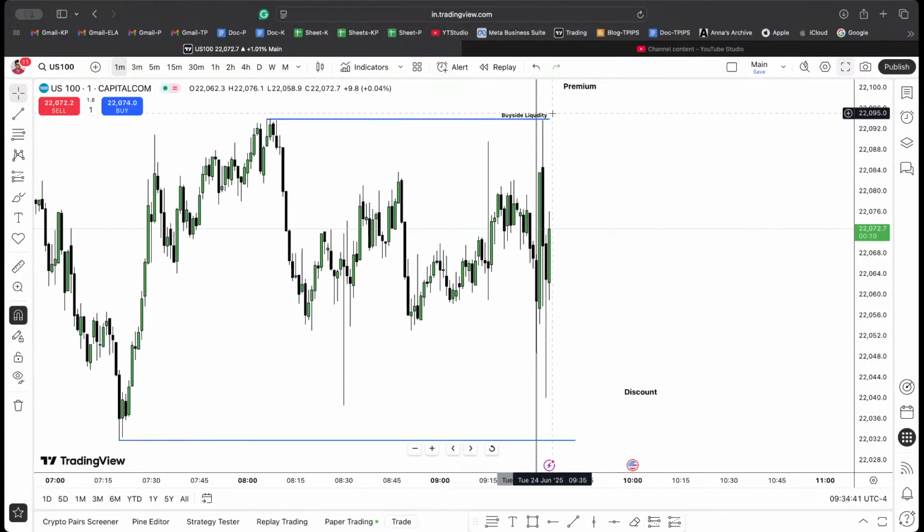The market is right now moving in a consolidation, which is a tricky thing for a trader to find out the bias of the market.